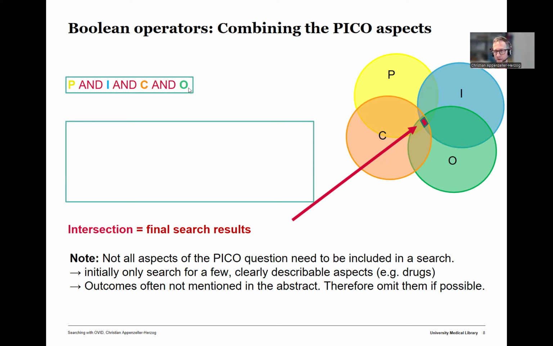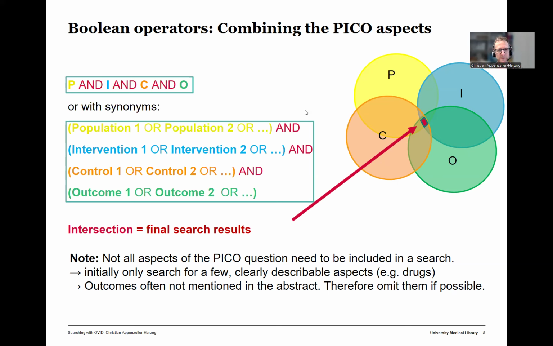And as O, we have that psychomotor agitation. And a little bit more complex, also using brackets. We can also see where the Boolean operator or comes in. So the Boolean operator or we will use within these conceptual brackets to combine the different synonyms.